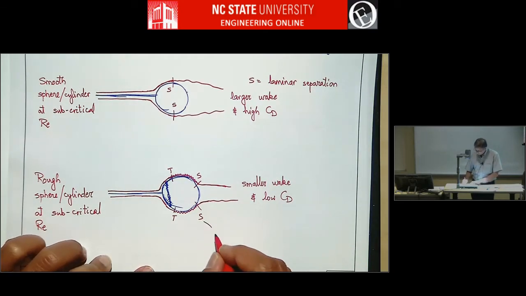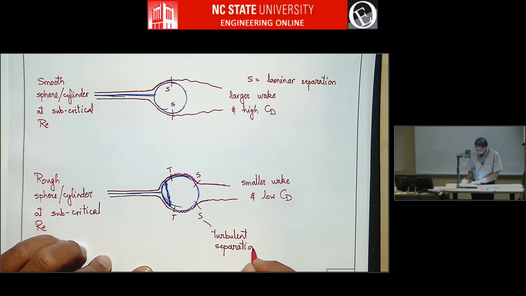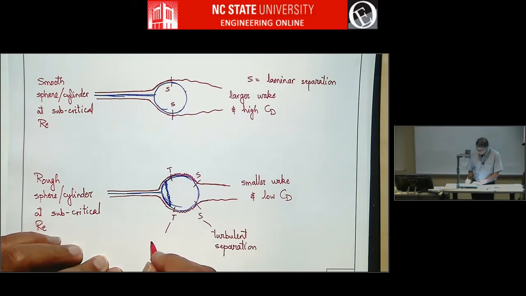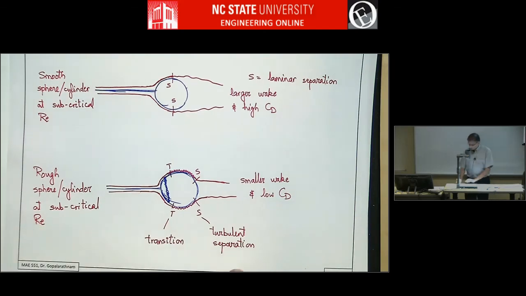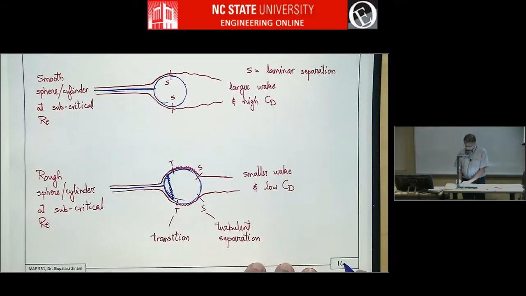So here the S is turbulent separation. And this is transition. And this causes a big change in CD.